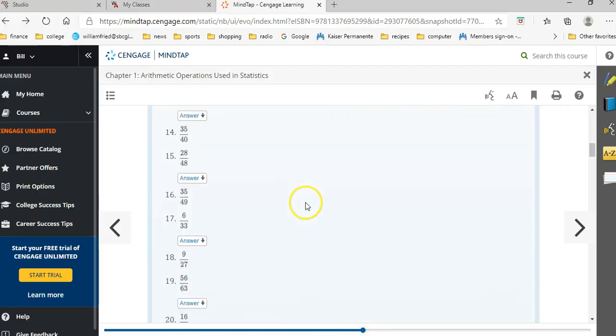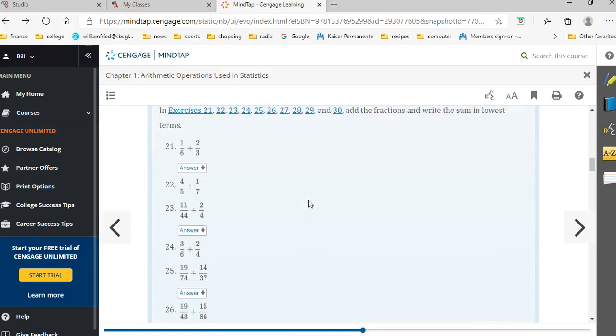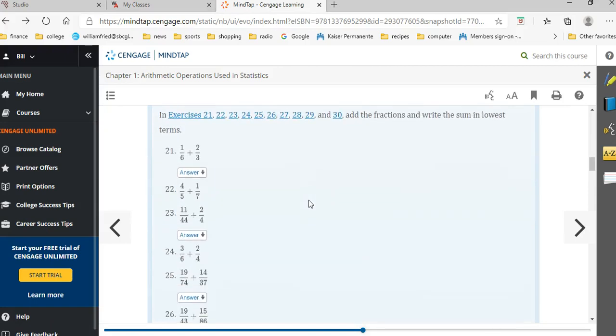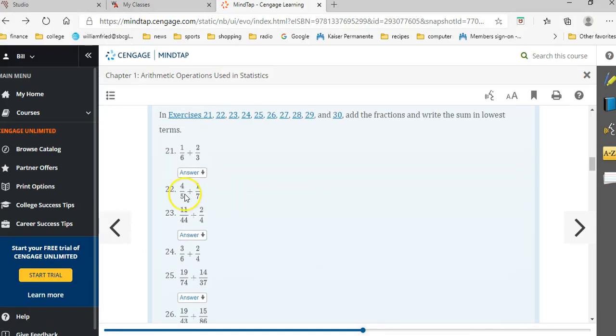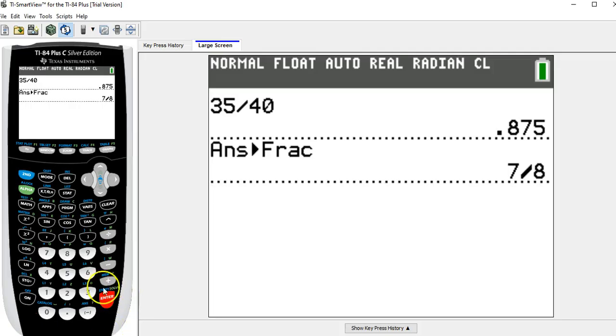For example, if I arrow down, here is a homework question where they ask us to add. Let's take this one, 4/5 plus 1/7. I can enter that on the calculator: 4 divided by 5, plus 1 divided by 7.